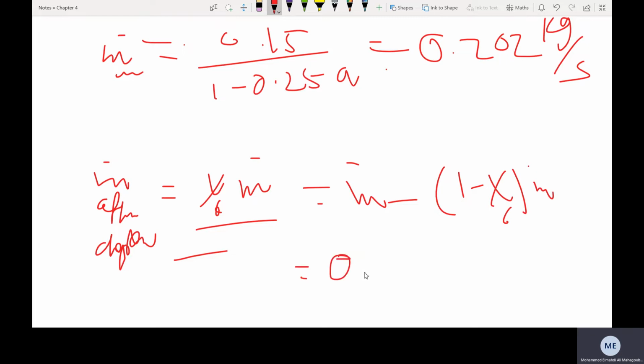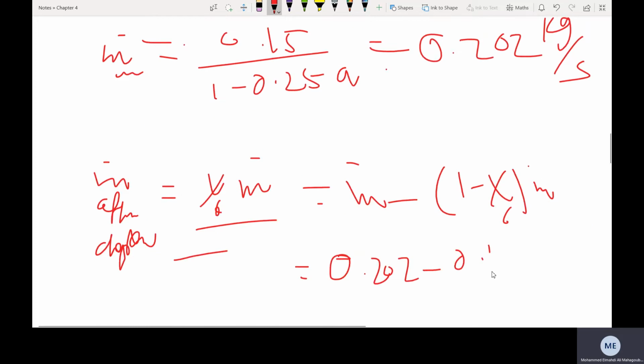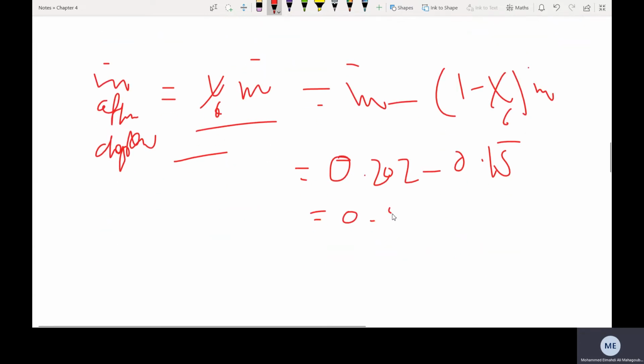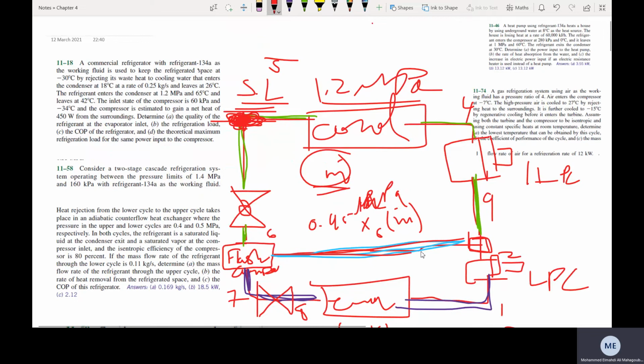Here we calculated 0.202, and here it is minus 0.15, so 0.202 minus 0.15 is 0.052 kilograms per second. This is my mass flow rate going after the flash chamber.